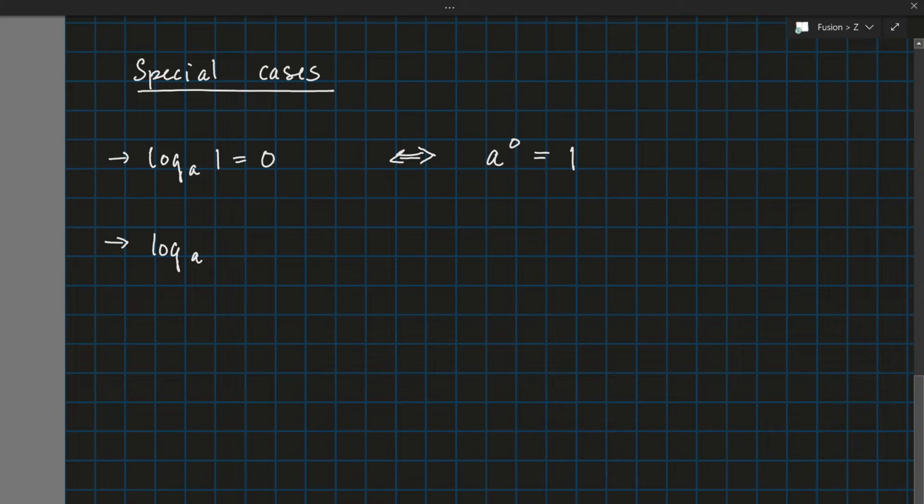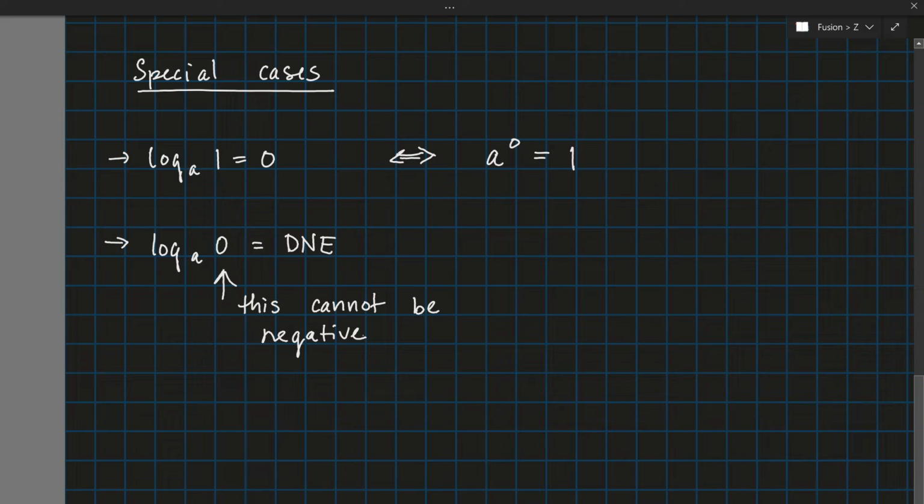Log base a of 0, and I'm writing a because it doesn't matter the base, does not exist. In fact, this cannot be negative.